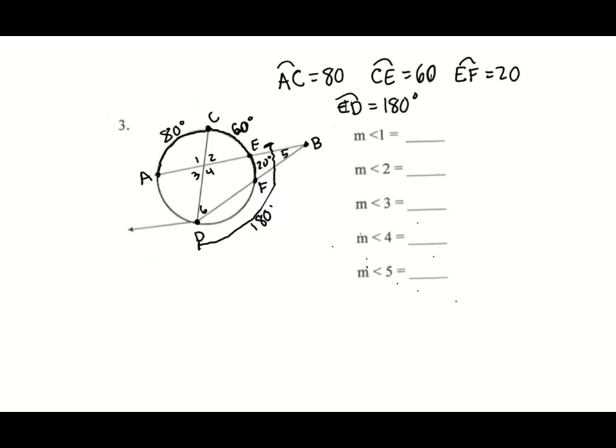Okay, so then the first thing I want to find here is the measure of angle 1. So my angle 1 here, if I look at the vertex of that angle, I know that it is inside my circle, but it is not at the center. So my equation for that angle would be my arc plus my arc over 2.